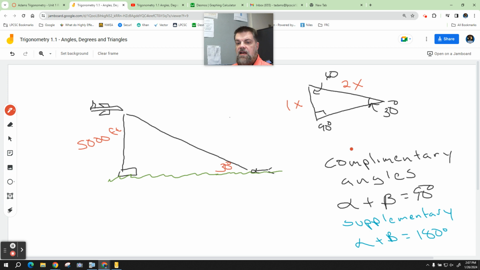And then the remaining side would be square root of 3 times x. So if this angle here is 30 degrees and the plane is 5,000 feet, I know immediately that 1 times x equals 5,000, or x equals 5,000, right?